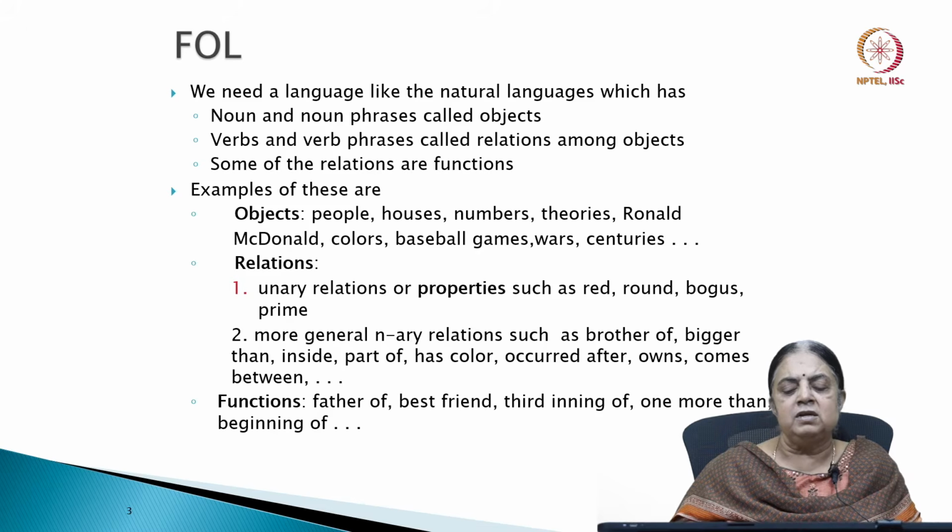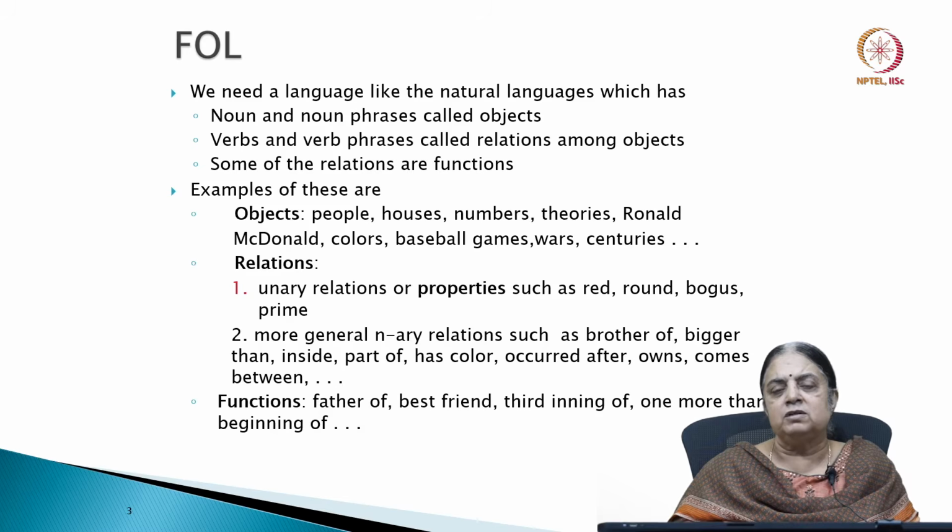And then you have n-ary relationships, which will consist of more than one object. Brother of, bigger than, inside, part of, has color, occurred after, owns, comes between, etc. And functions like father of, best friend of, third inning of, one more than, beginning of, etc. So the difference between functions and properties would be that functions will be a function between variables.